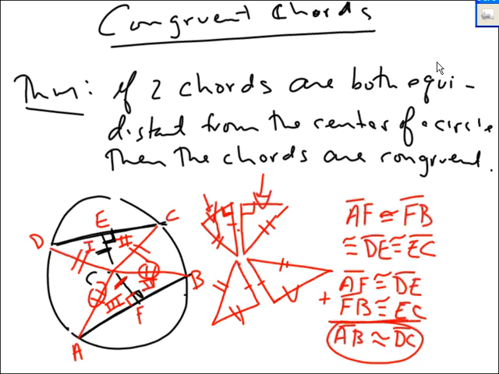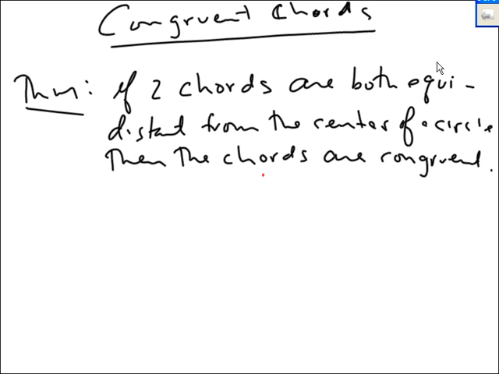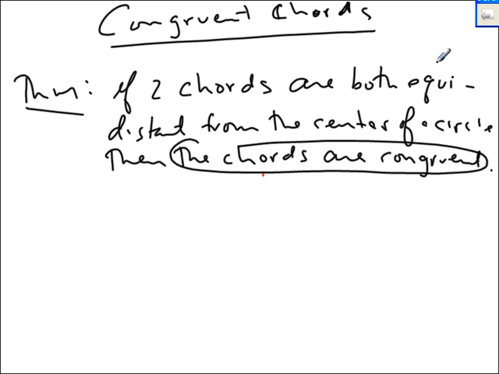Okay. Now, we talked about if 2 chords are equidistant from the center of a circle, then the chords are congruent. But we can reverse that. So I'm reversing the if and then part.